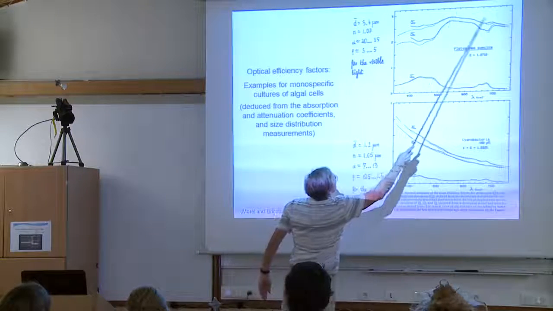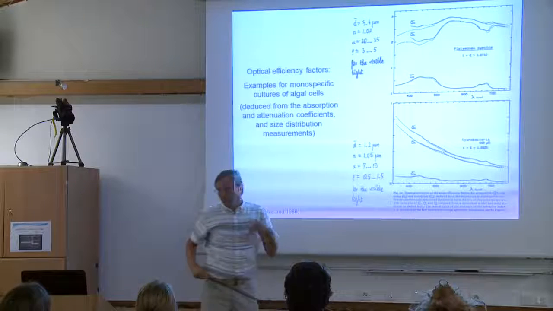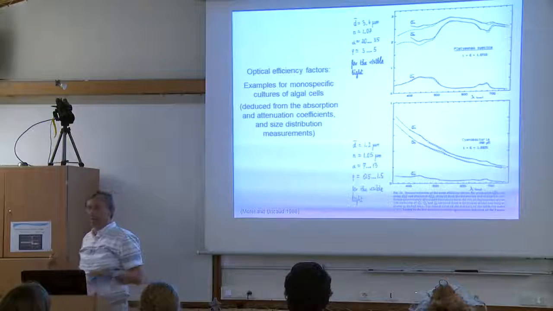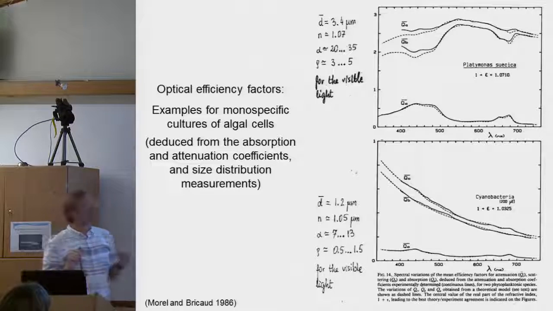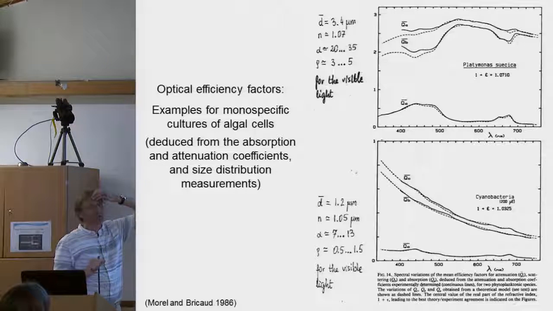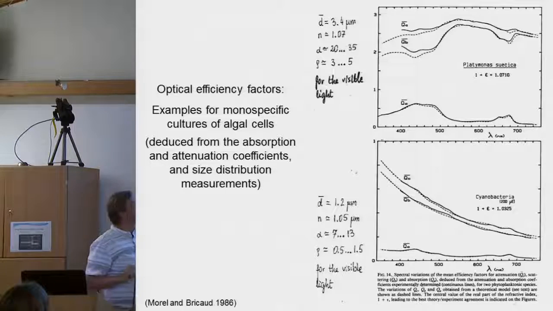So we are within that region. Another very nice example of how measurements on realistic particles, non-spherical and heterogeneous, can be interpreted to understand where we are in terms of the physical properties of the particle.